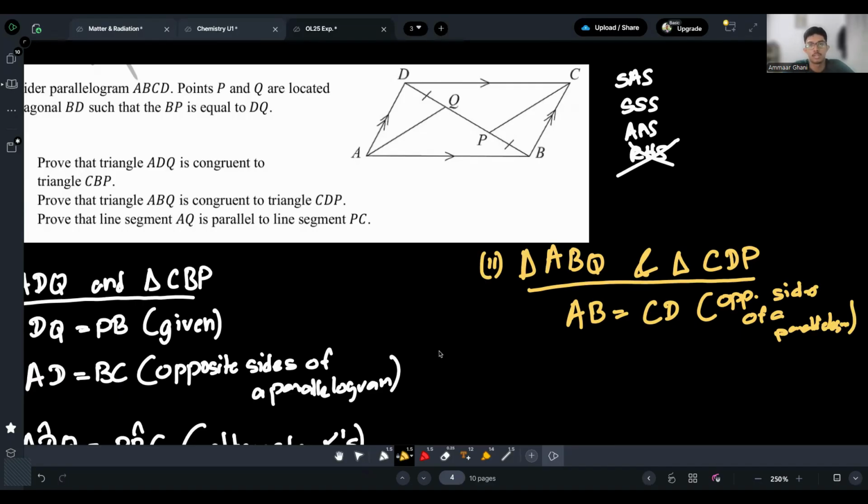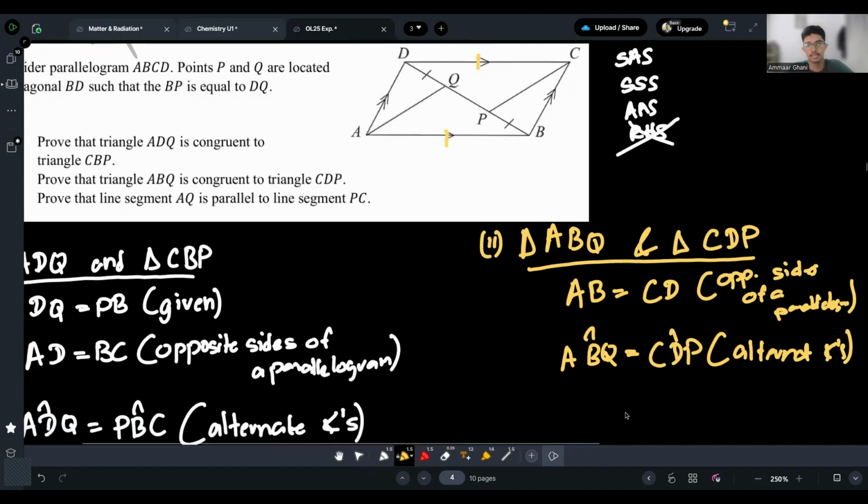Okay, then we tell angle ABQ is equal to angle CDP. What's the reason? Alternate angles. Okay, and then we finally go to prove this side part.